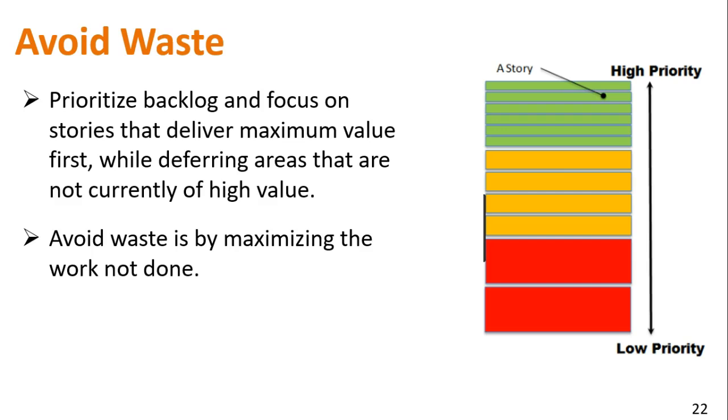Selecting your stories for an iteration: if you don't select them effectively and choose stories that don't provide a lot of value, you're detracting from doing work on stories that could have provided more value.